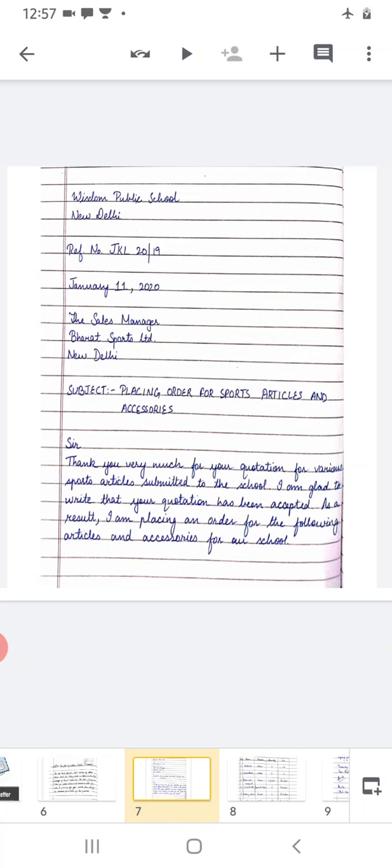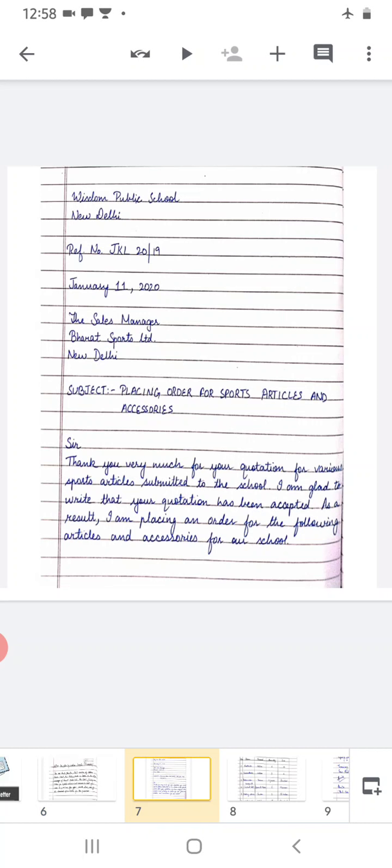The sender's address, that is Wisdom Public School, New Delhi. Leave a line. You may or may not write the reference number. The reference number is there because you are placing an order, because you have talked to that person already. You have been communicating with that person, and you have finally decided to place an order.